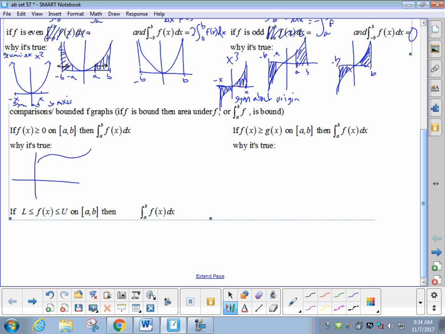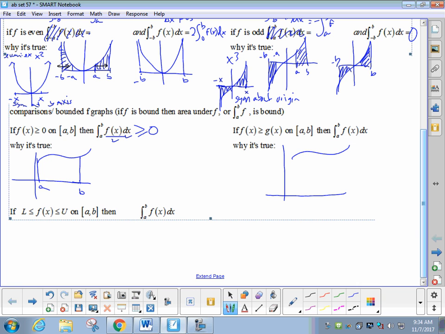If f is always positive on the interval, then the y values are positive. And assuming a is less than b, then this is going positive. X is changing in a positive way, so it must be positive. Okay. Say you had two curves.